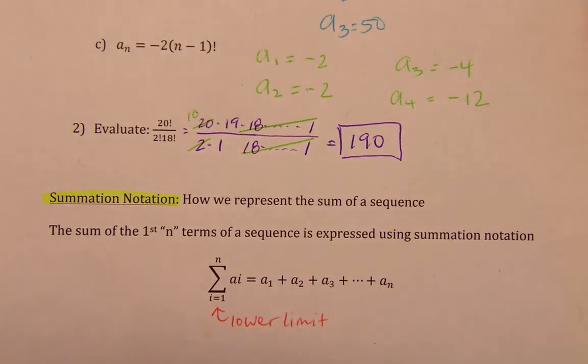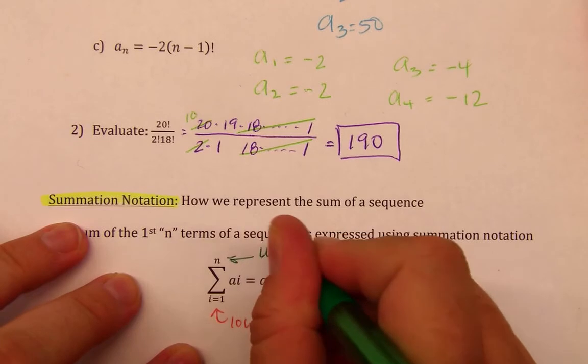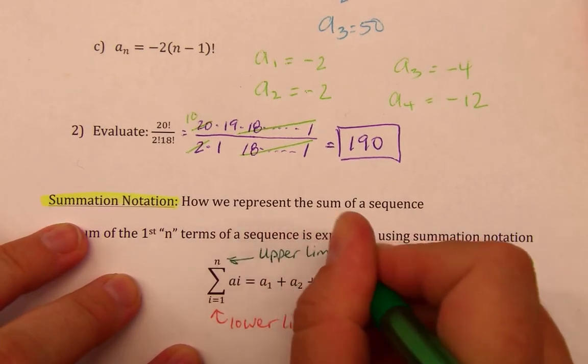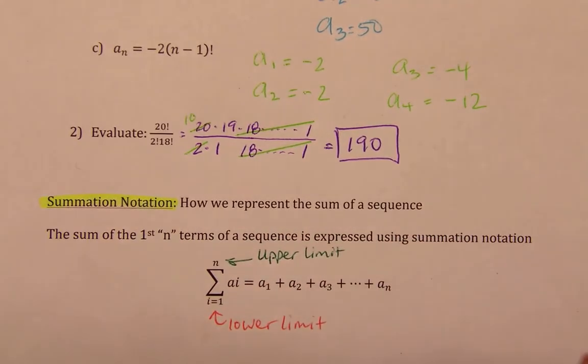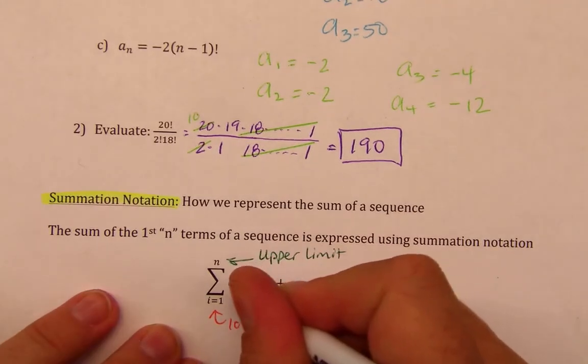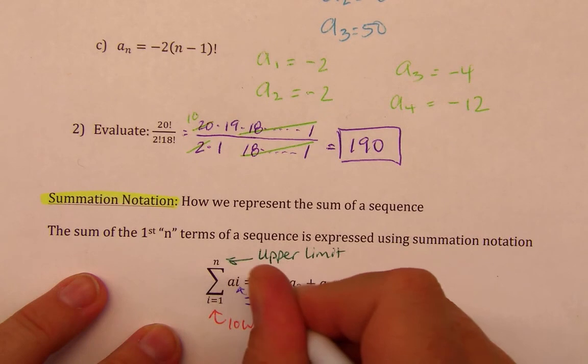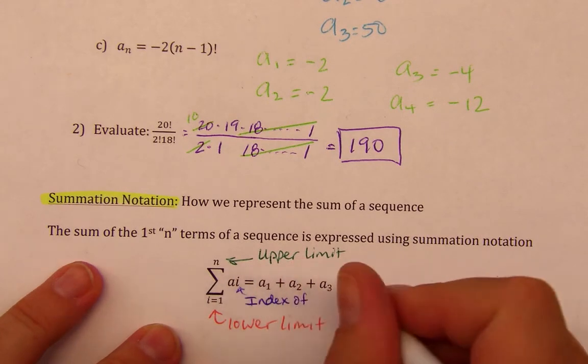This would be our upper limit. And then this right here, this I value, is our index of summation.